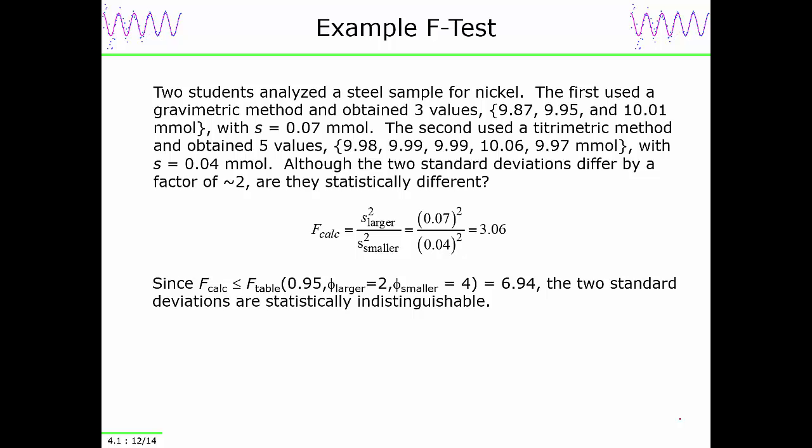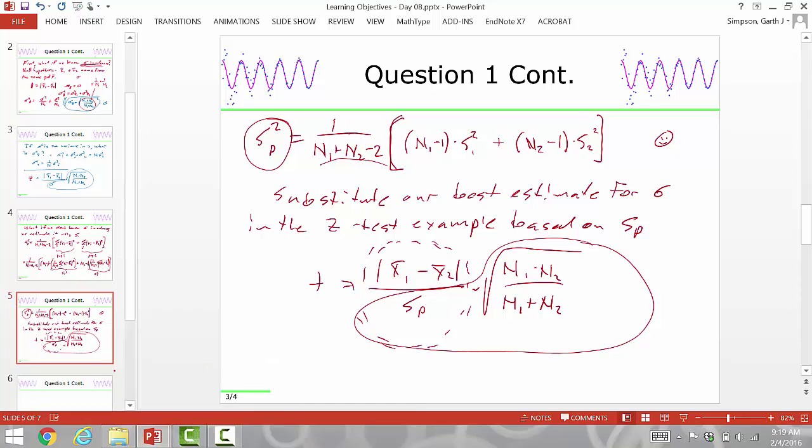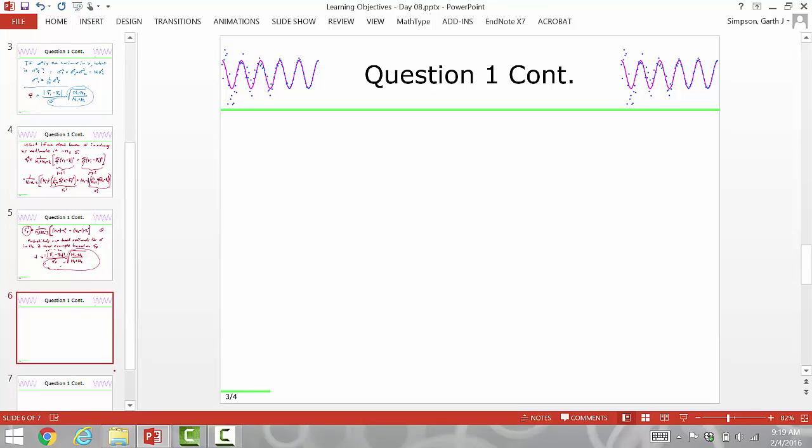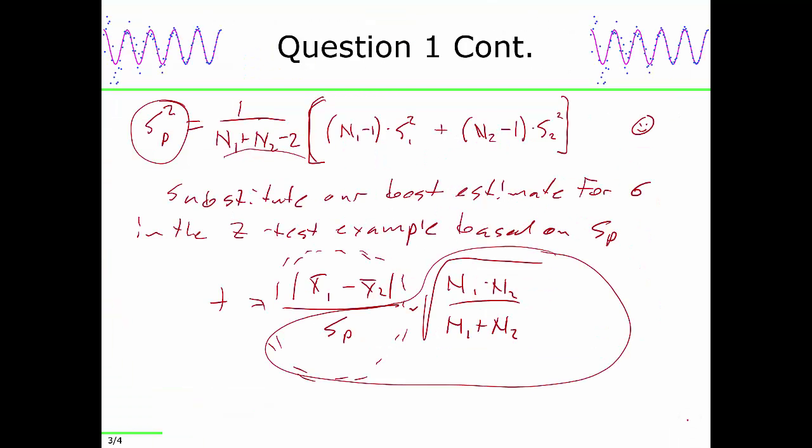Okay? Now, one of the underlying assumptions that we didn't really talk about was that if we're applying the t-test, these have to have the same underlying variance. Okay, if the null hypothesis is satisfied, then these two measurements come from the same PDF.